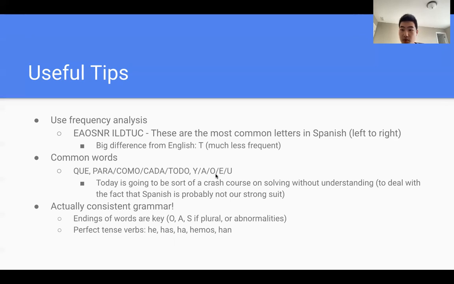O by itself is 'or'. So A and O are both very common letters, but they also can stand on their own. So you can use frequency analysis to look at that. And then the E and U are kind of exceptions.